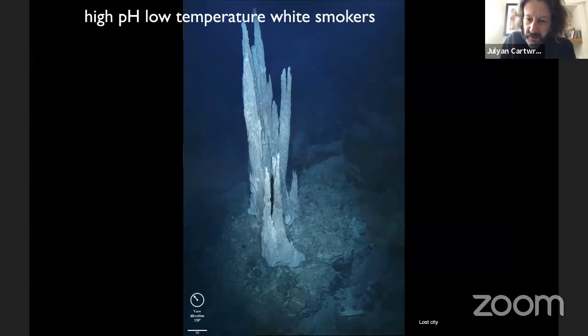These seem to be much more likely places for the right geochemistry to have taken place. And so these are the places that people are concentrating on, this sort of vent, the high pH, low temperature ones.